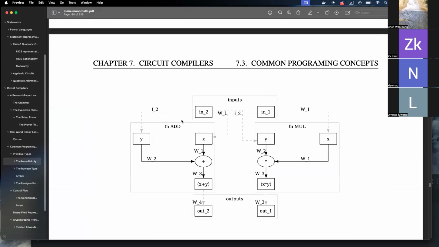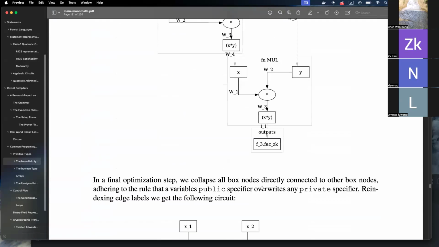Here it shows that your add and multiplication operation can just be another circuit.